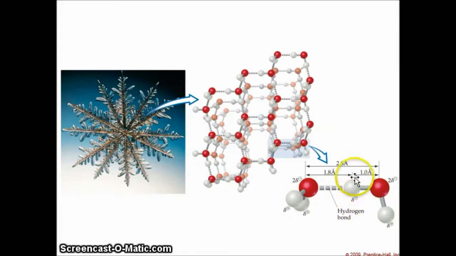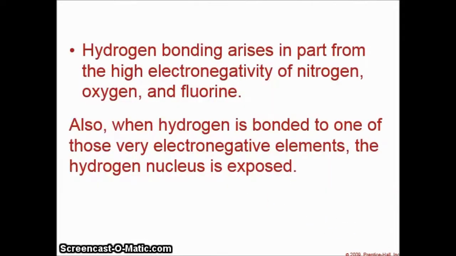If we look at this hydrogen here in this diagram, it's covalently bonded to its oxygen here, but it also has this hydrogen bond, this attraction to the oxygen of a different water molecule. Because of the high electronegativities of nitrogen, oxygen, and fluorine, the hydrogen nucleus is exposed, and this is what causes that big attraction to another polar molecule.